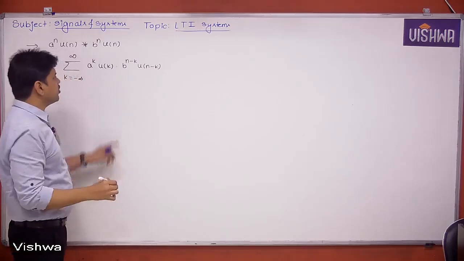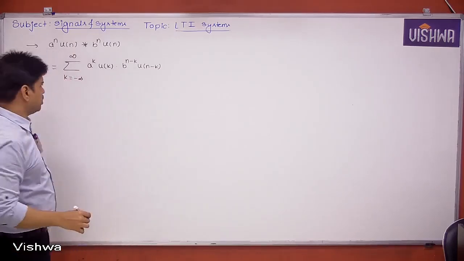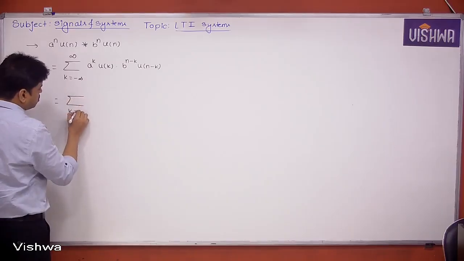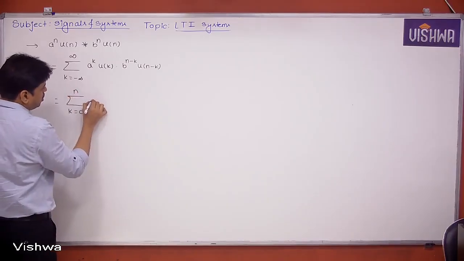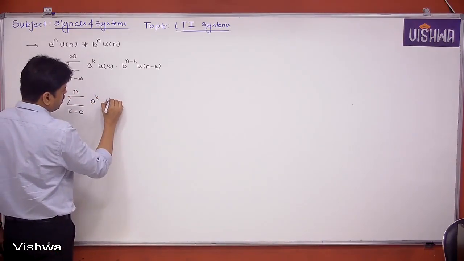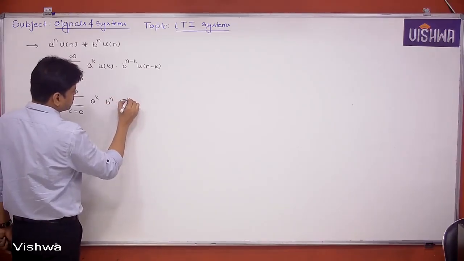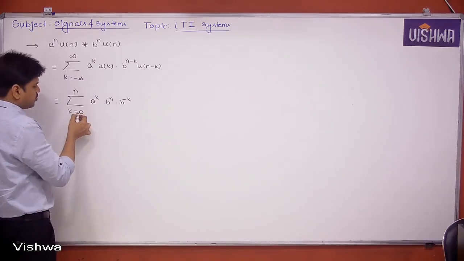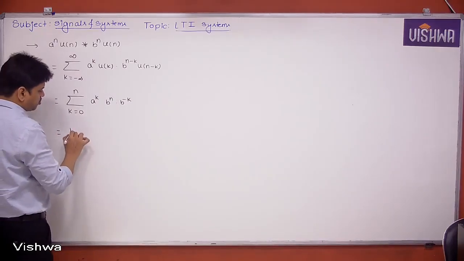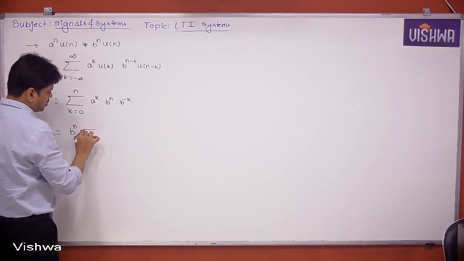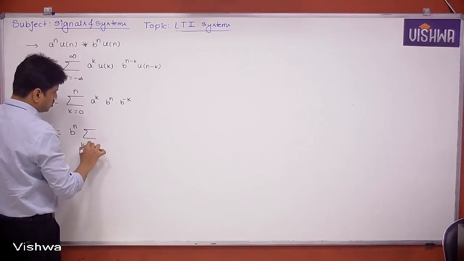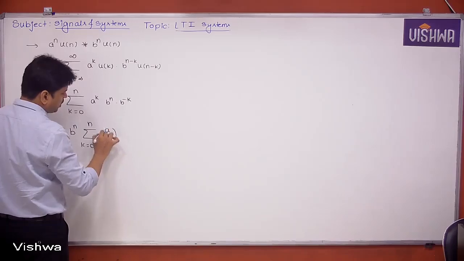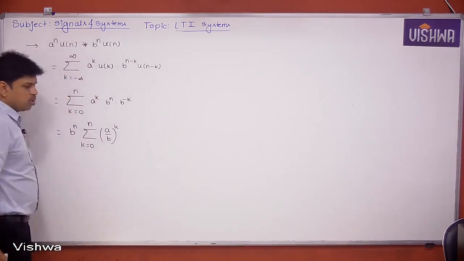And again, if I remove u of k and u of n minus k, I have to take the limits k equals 0 to n, a power k b power n b power minus k. Here b power n is a constant with respect to k, so I can take it out from the summation: b power n summation k equals 0 to n. This can be written as (a by b) whole power k.